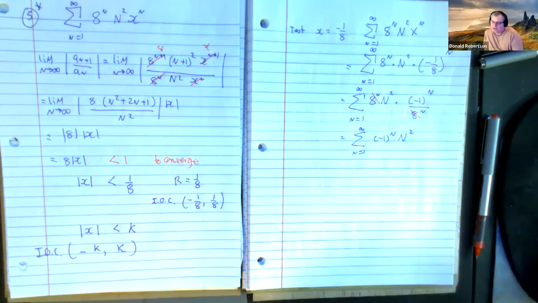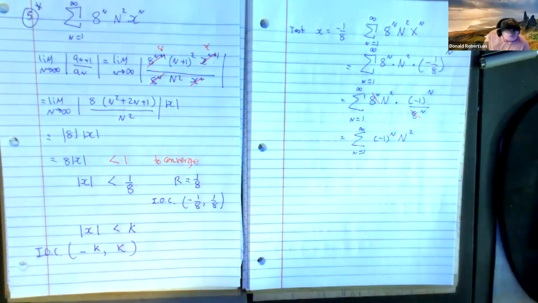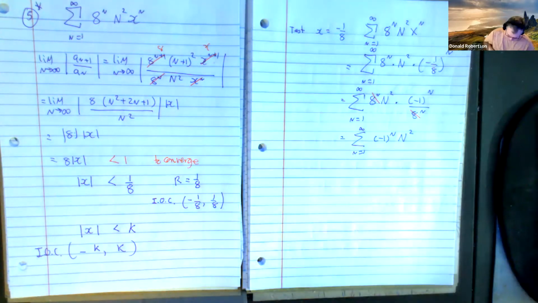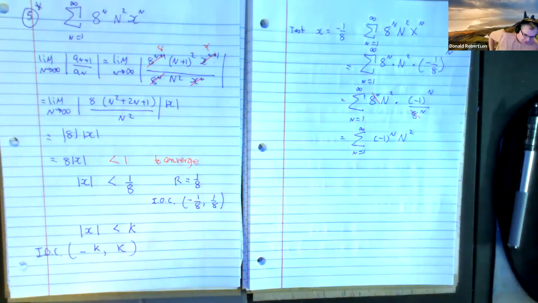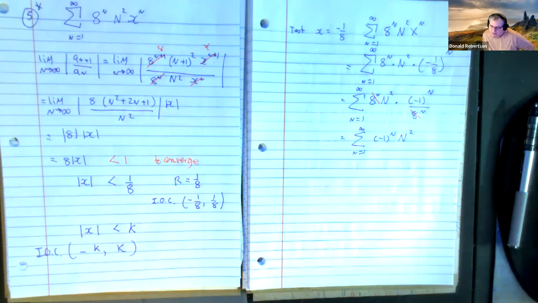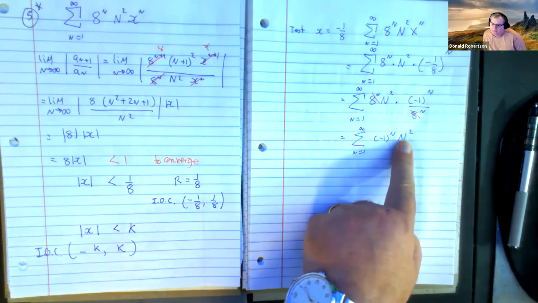Does that series converge or diverge? -1 to the n squared, converge or diverge? Any takers? That's the key.